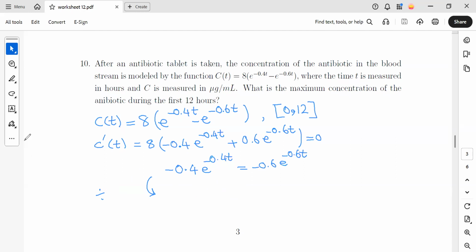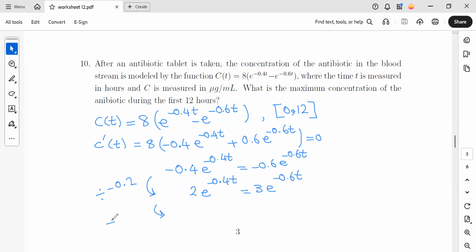Before dividing by e, we would divide it by negative 0.2 to get rid of the numbers somehow. So we are left with 2e to the power negative 0.4t equals 3e to the power negative 0.6t.